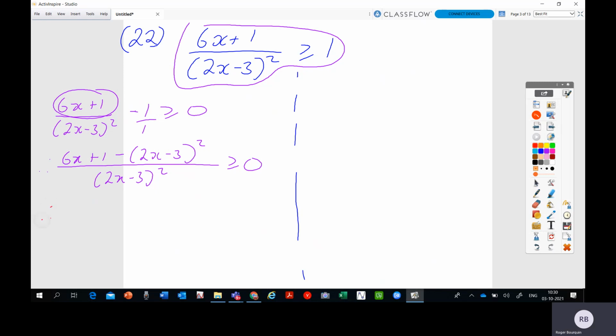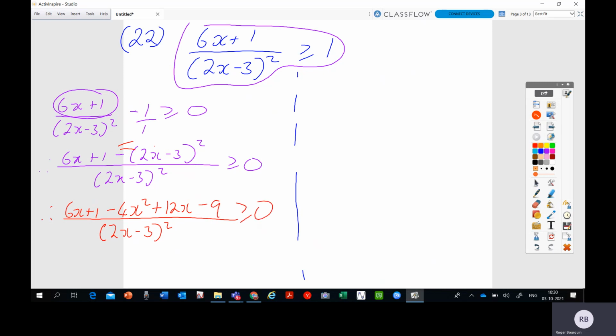So at the top I'm going to have 6x plus 1. 2x all squared is 4x squared, but I'm timesing everything by a negative after I've squared out, so it's minus 4x squared. 2x times negative 3 is negative 6x, times 2 is negative 12x, times by negative makes it plus 12x. Negative 3 squared is positive 9, times by negative is negative 9, which is greater than or equal to 0.